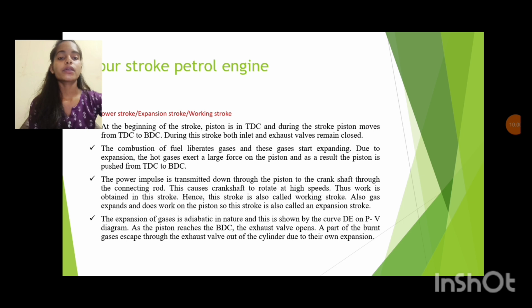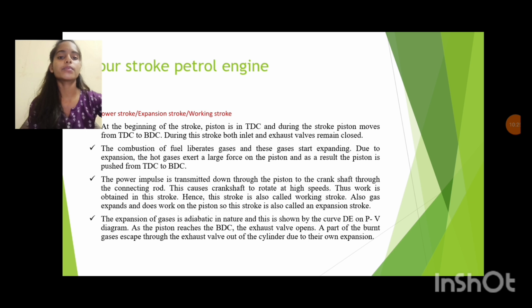Power stroke. At the beginning of the stroke, the piston is at TDC, and during the stroke, the piston moves from TDC to BDC. During this stroke, both inlet and exhaust valves remain closed. The combustion of fuel liberates gases, and these gases start expanding.